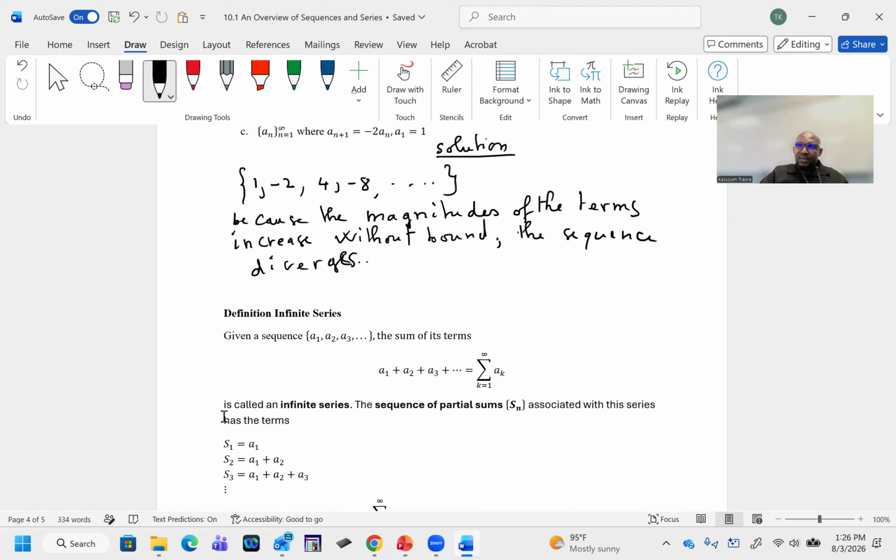Given a sequence a sub 1, a sub 2, a sub 3, and so on, the sum of its terms a1 plus a2 plus a3 plus and so on is equal to this summation formula, with the symbol which is also called sigma in Greek.